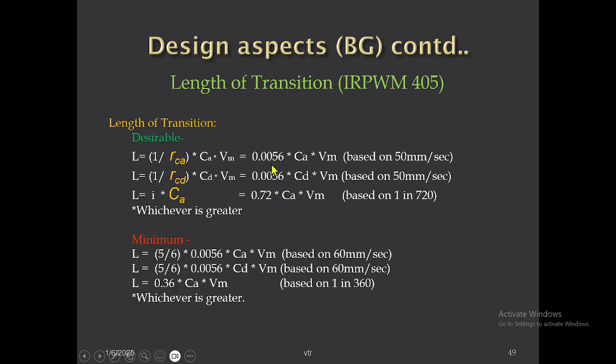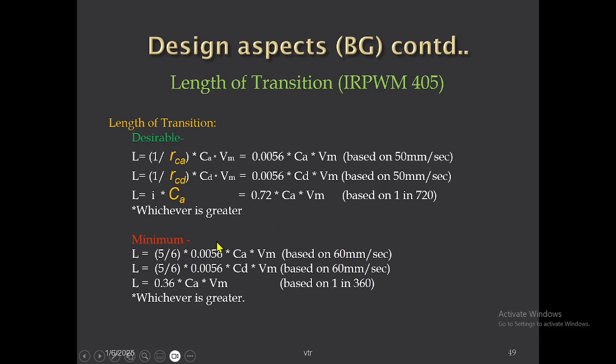The first one is 1 by RCA into Ca into Vm. This is the formula. This is based on 50 mm per second, because desirable rate of change of cant and cant deficiency, as already discussed, was fixed as the limiting value like this, and a minimum value of 60 mm per second.